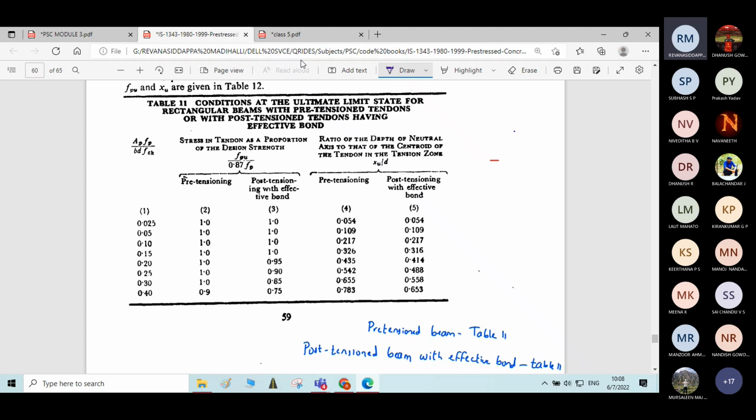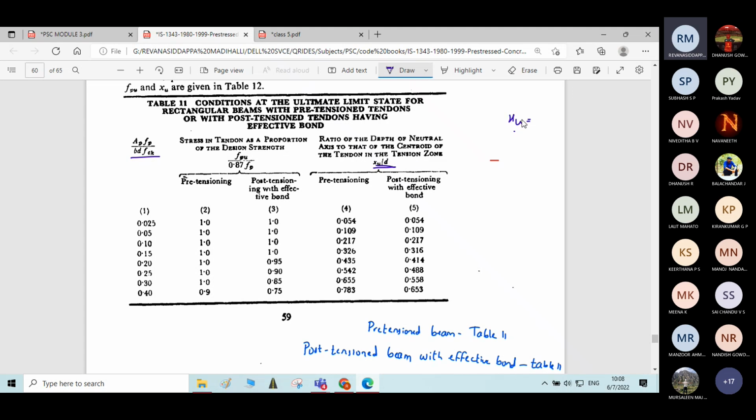If the depth of neutral axis lies within the flange, the procedure is similar to that of rectangular section. Now we'll find this ratio. Corresponding to this ratio, we will find XU by D. If you get XU by D, and substitute the effective depth, you will get the value of XU, that is depth of neutral axis.